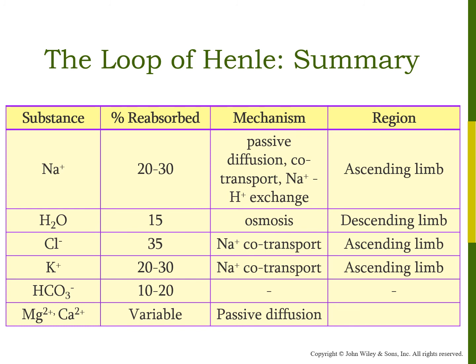Water is absorbed in the descending limb by osmosis, and then we have the symporters for sodium, chloride, and potassium. The recycling of the potassium creates an electrochemical gradient that promotes the reabsorption of magnesium and calcium in variable amounts.